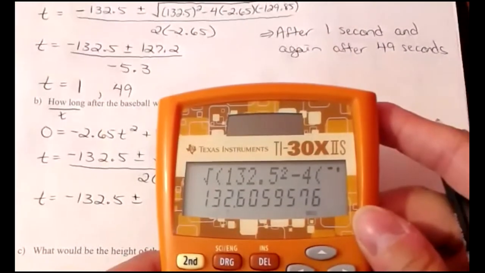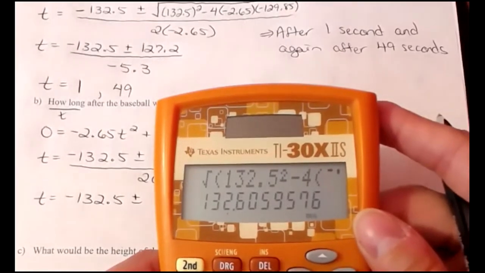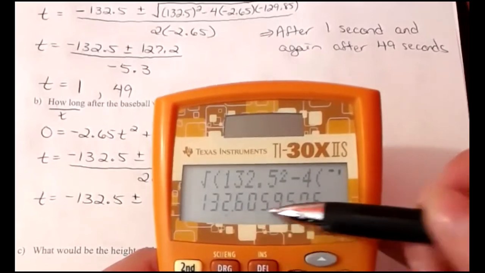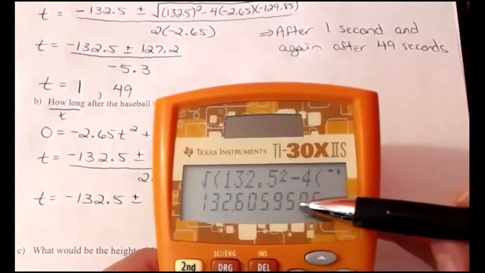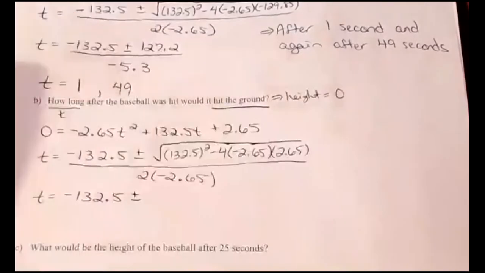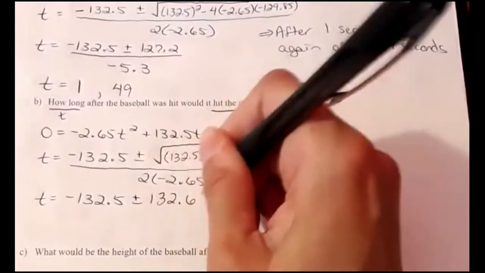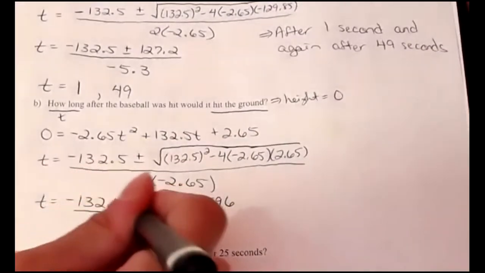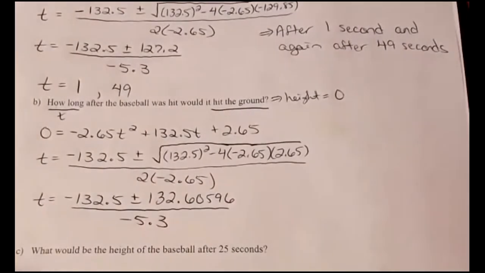When I punched all of that in, I got 132.6059, etc. If I were you, I would probably round to this place. Typically, I do 4 decimals, but 5 will make this into a 10, which will make this into a 6. So why not just round to this place instead, just so that we're as accurate as possible. 132.60596 all over negative 5.3, because that's 2 times a negative 2.65.